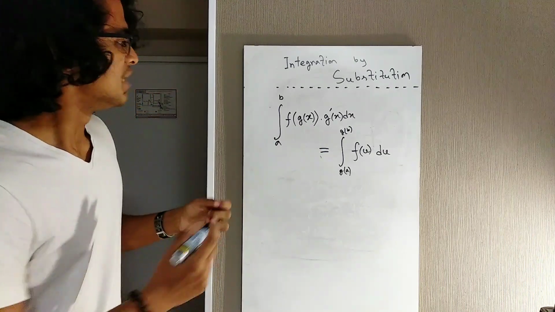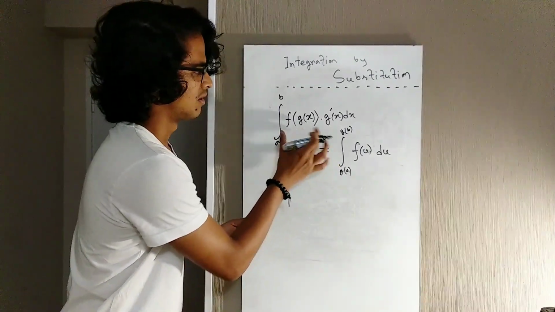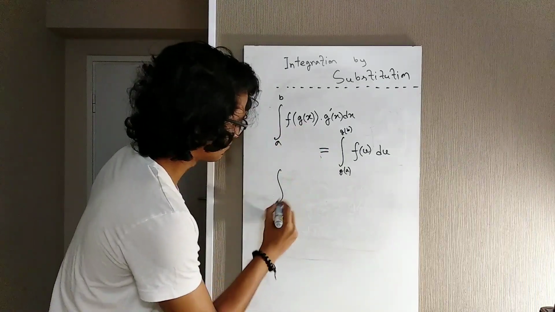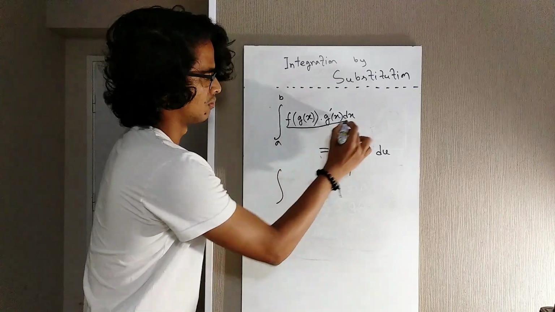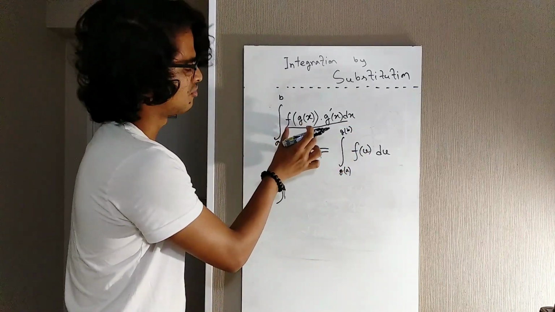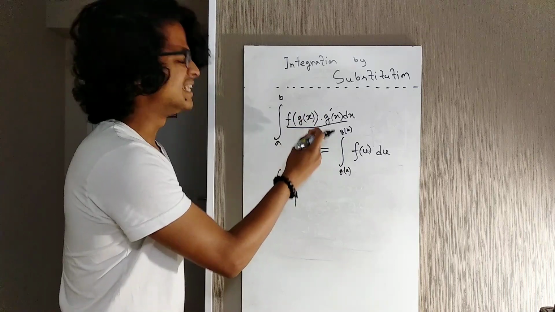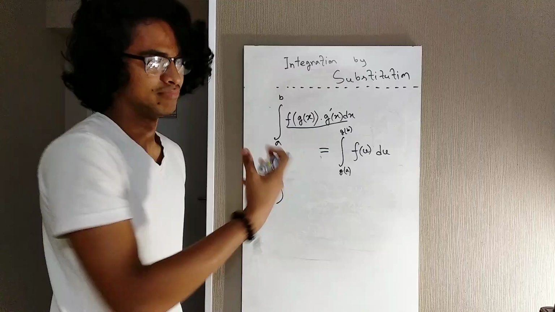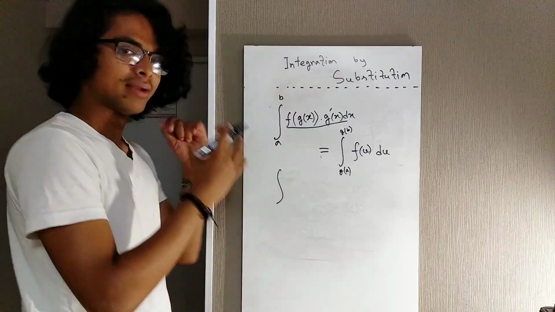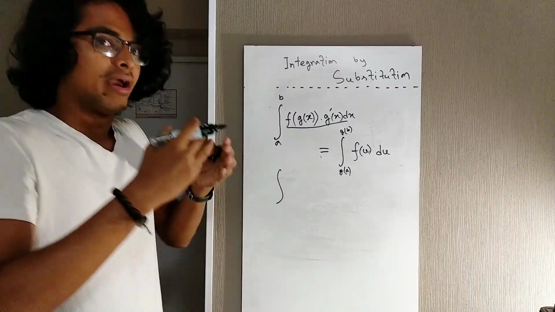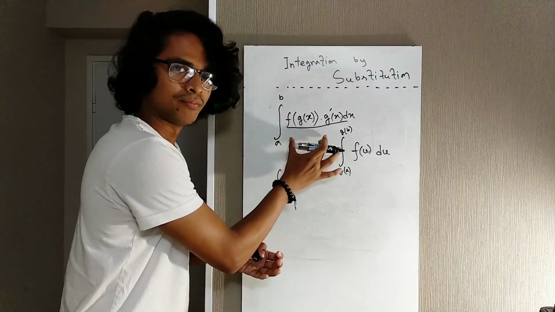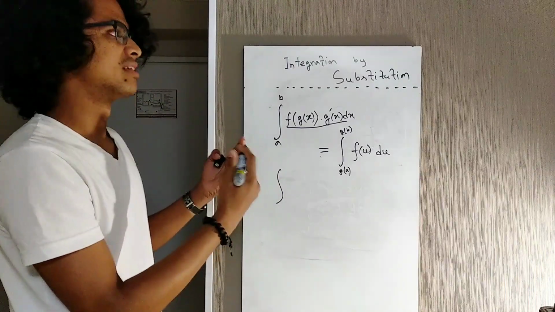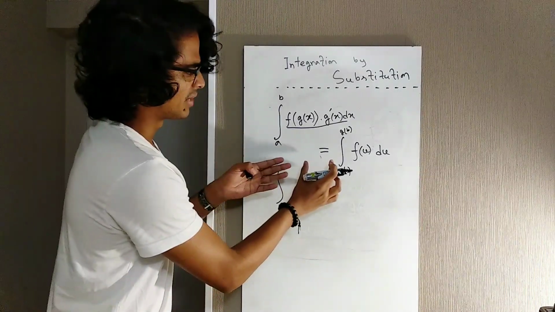Let's say we have an integral of this form: f of g of x multiplied by g prime x, where g prime x means the derivative of g x. If we can express an integral in this form, then according to the underlying theorem of integration by substitution, we can write it like this.